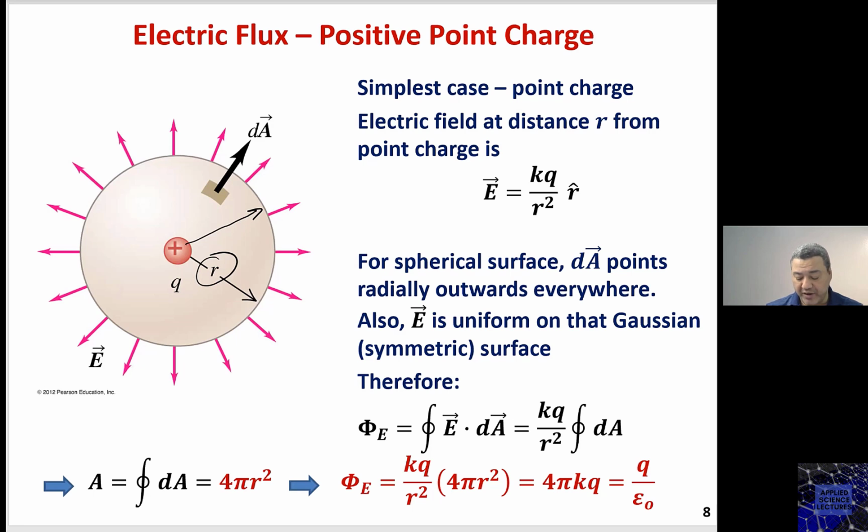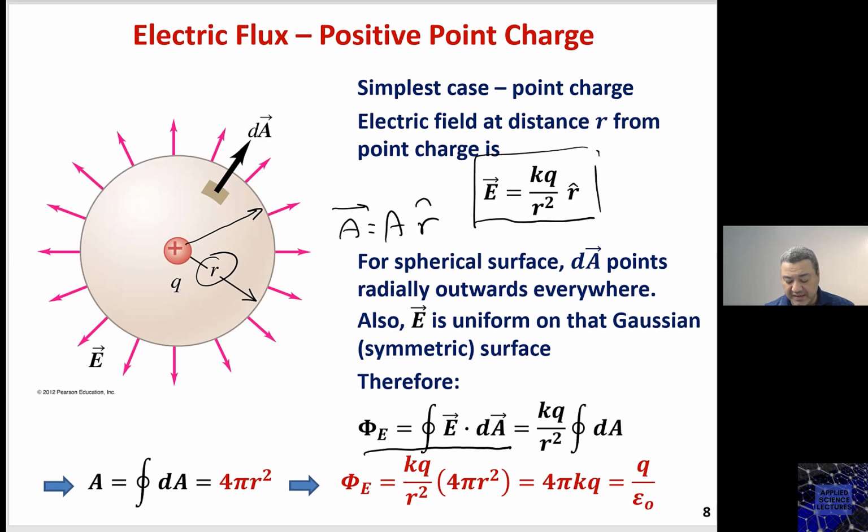So for example, if my area vector is along a r hat and the electric field is also along the r hat, then when I take the dot product here for this closed surface, since the electric field is uniform and the unit vector is the same, the dot product is going to result in the following, which is kq over r squared, a r hat dot r hat, which is 1, and now this dA.